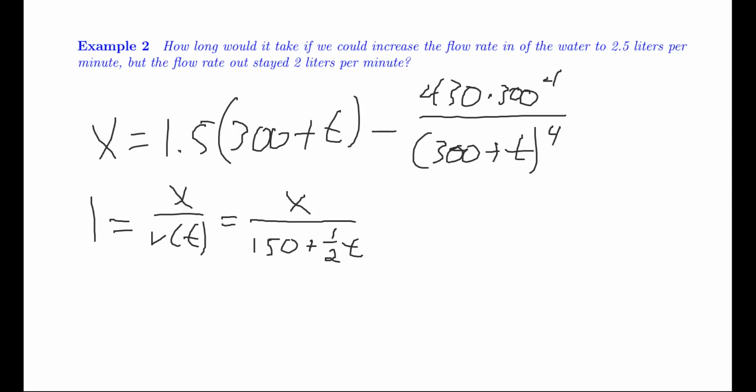So what you should do here is plug in, okay. So this is, again, we can multiply by 2 over 2. So we end up with 2 over 300 plus t times x of t.